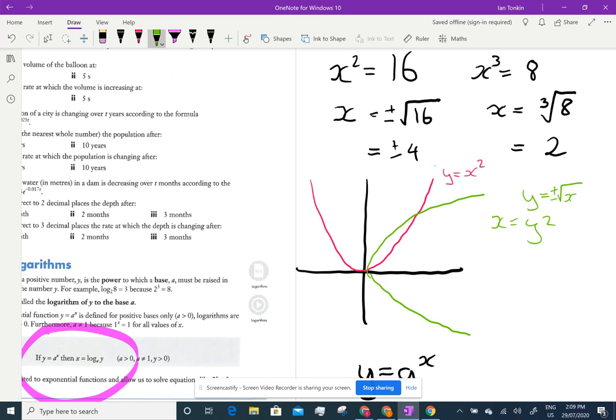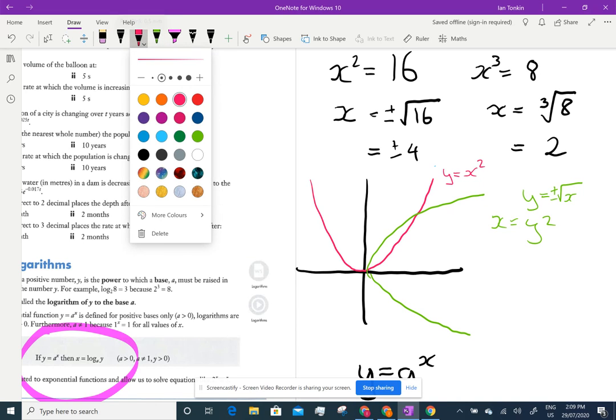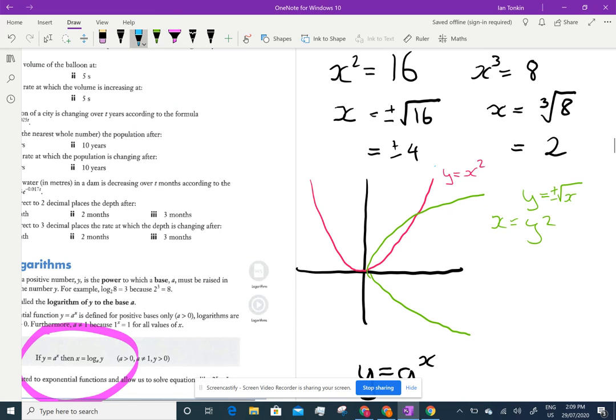Anyway, they're two inverse operators. And the really cool thing about inverse operators is that they are a reflection in the line y equals x.